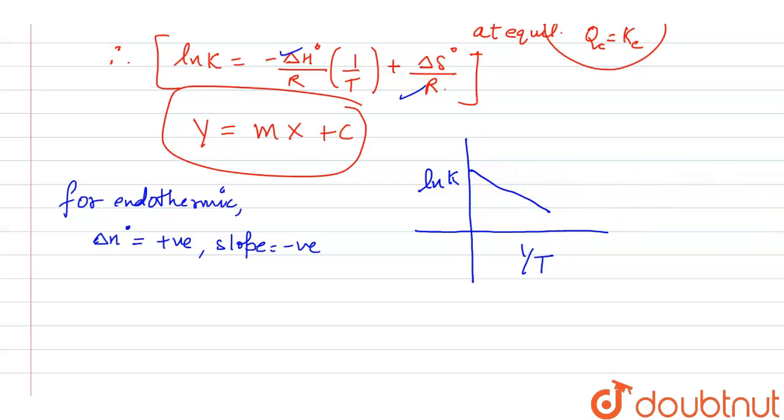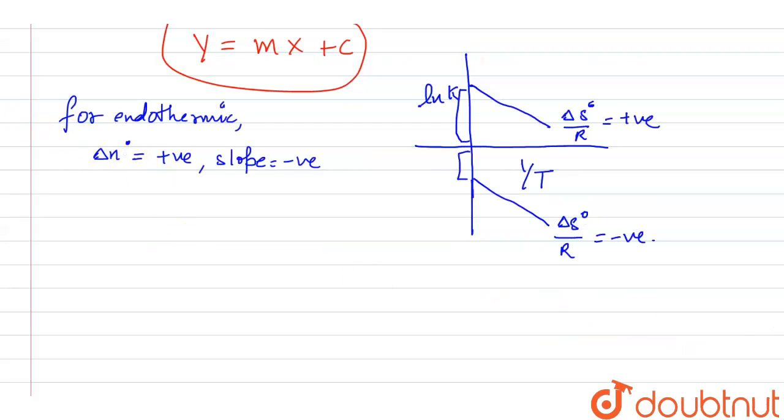Also, the intercept value here is positive, that is delta S naught upon R value is positive. But if delta S naught upon R value is negative, the intercept value will be negative for this slope, right?